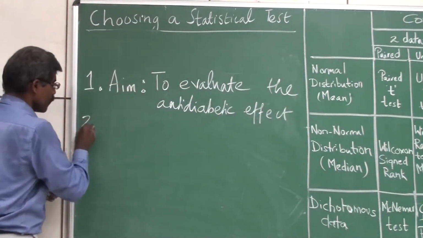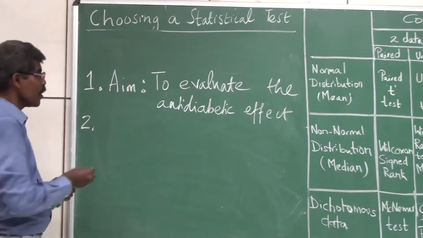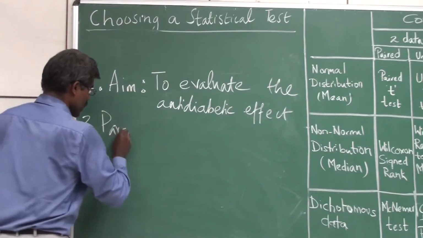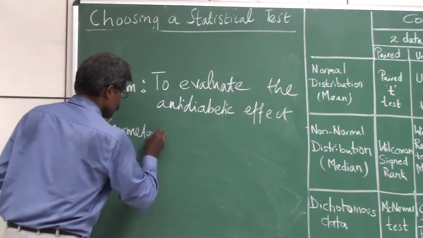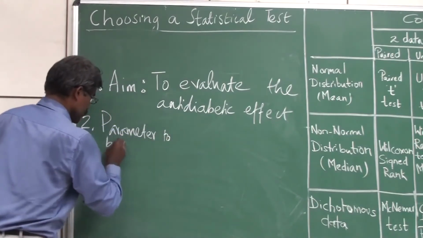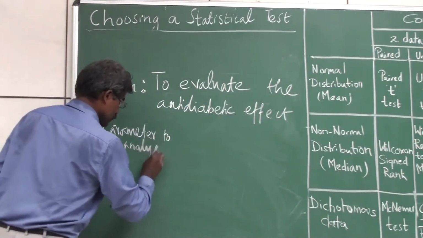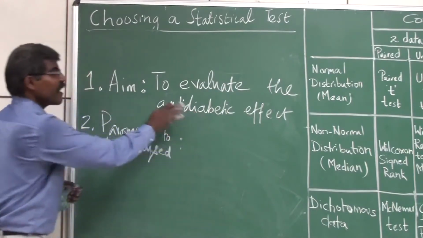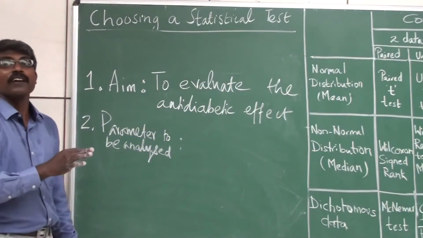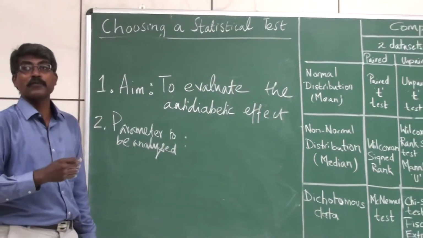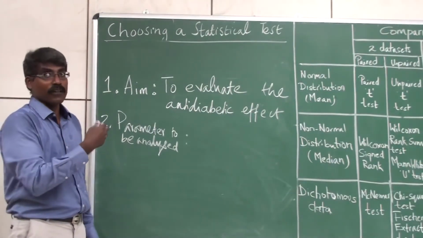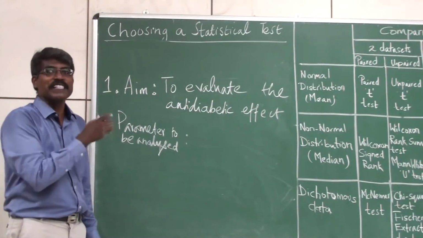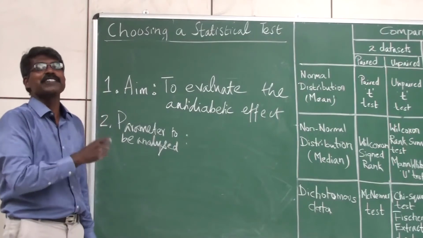The second step you need to write is: what is the parameter you want to analyze? Please remember that in a trial like this, we might have at least 5 or 6 parameters to be analyzed. So it goes without saying that for each parameter you need to select which test to be used.